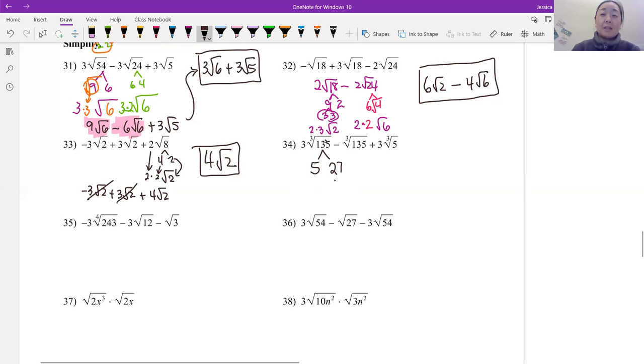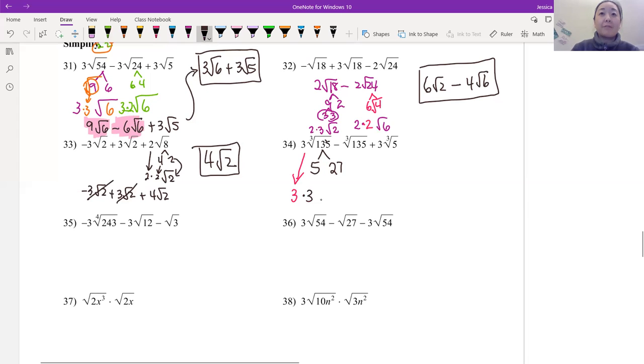So remember the cube root of this is going to be just 3. If you don't believe me, just continue on, right? And so we're going to get, here's a 3, and that's from here. And then the cube root of 27 is just going to be 3.